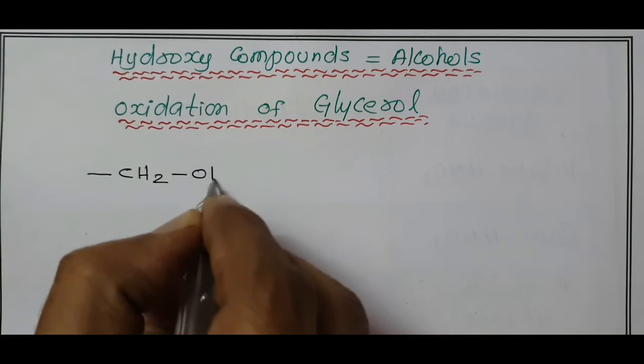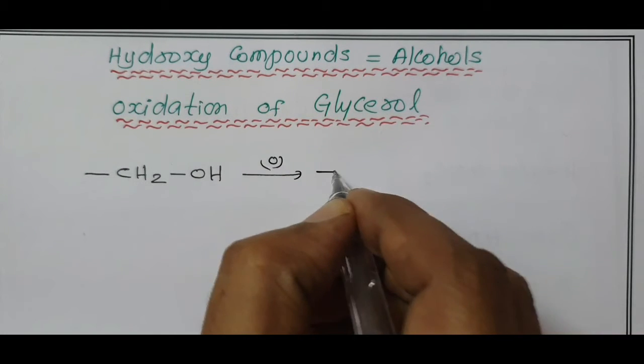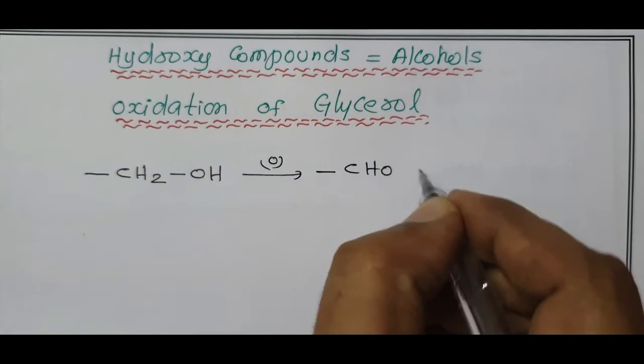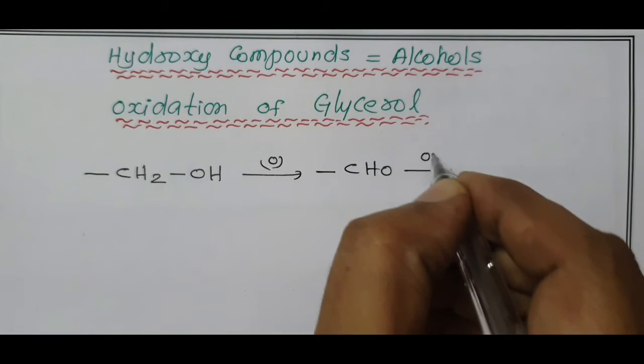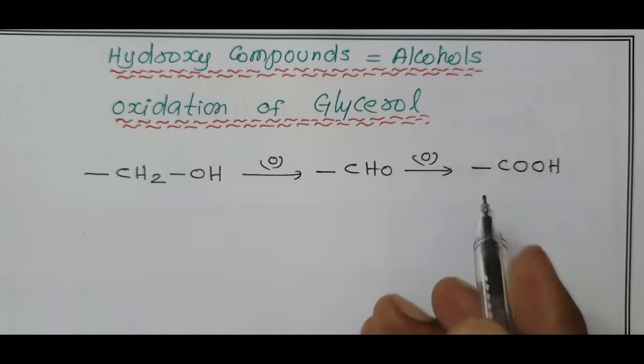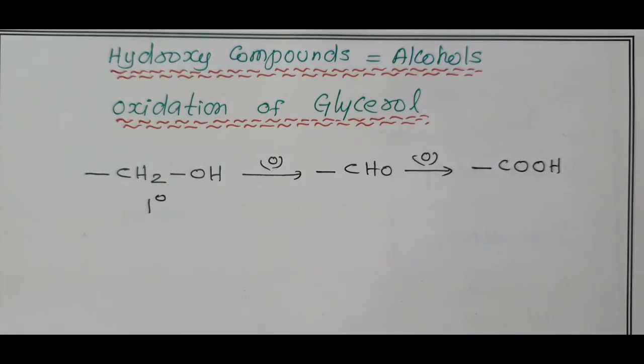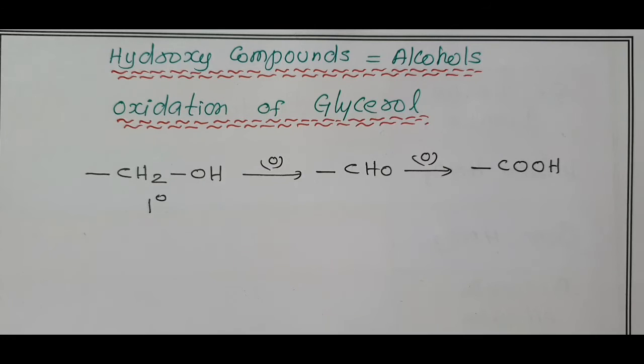Primary alcohol on oxidation gives an aldehyde, which on further oxidation gives a carboxylic acid containing the same number of carbon atoms as the primary parent alcohol. If the parent alcohol contains 2 carbon atoms, the acid also contains 2 carbon atoms.